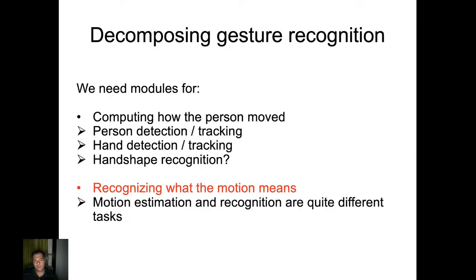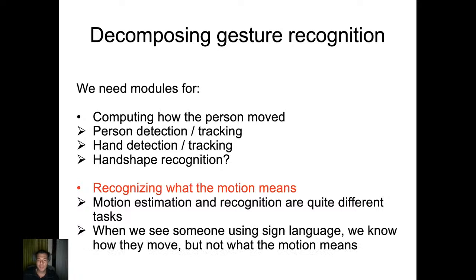We are not just trying to estimate the motion. All these components are necessary to estimate the motion, but in the end, we want to be able to classify the gesture into one of the 10 classes. So recognizing the gesture is something different.